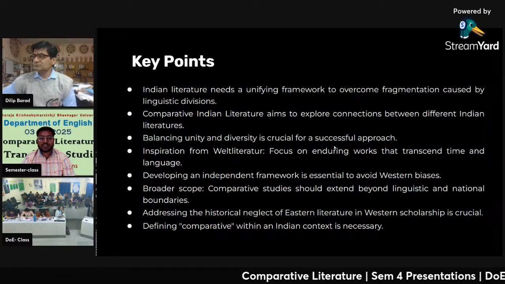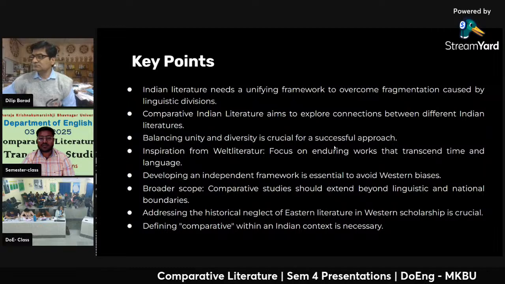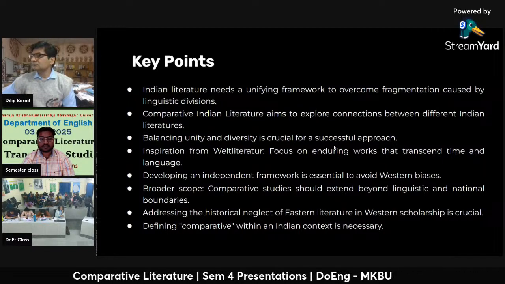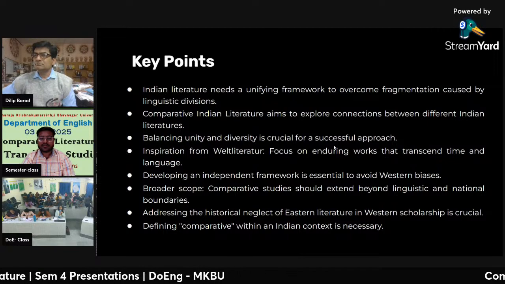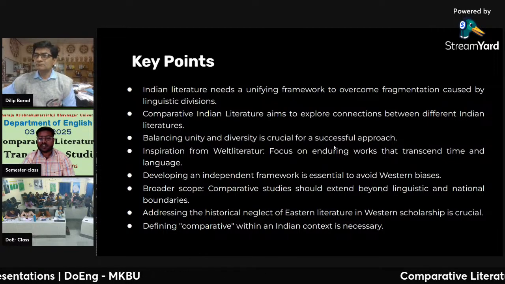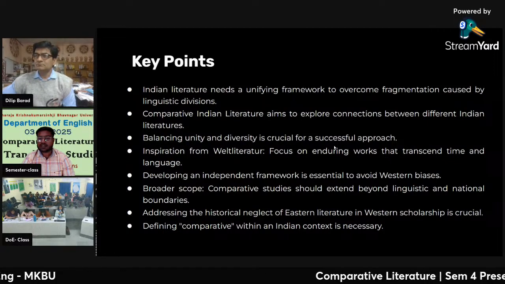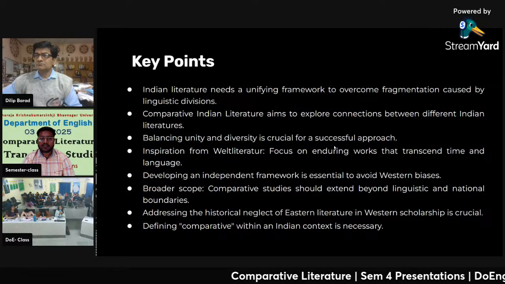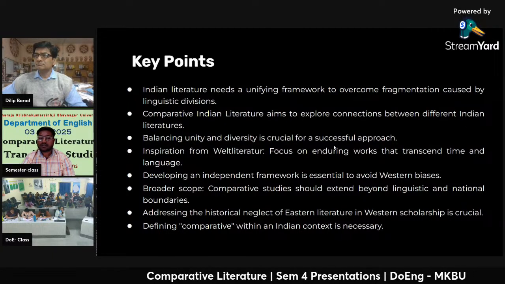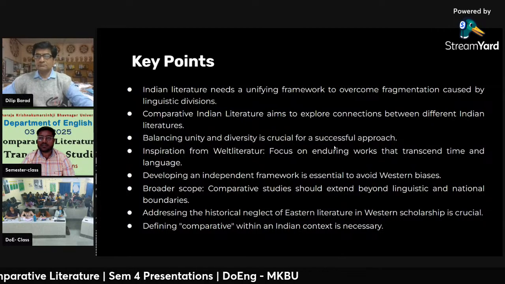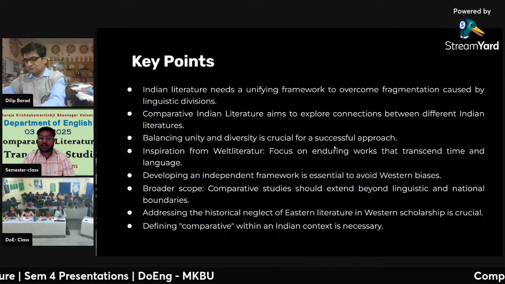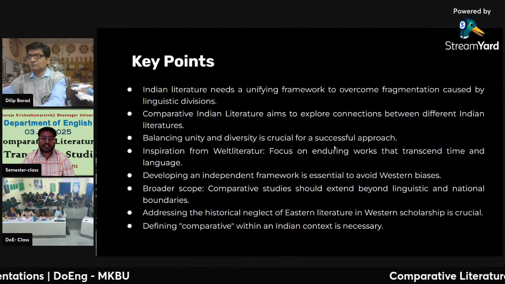Balancing unity and diversity is crucial for a successful approach. Then inspiration from Welsh literature focuses on enduring works that transcend time and language. In Welsh literature, the concept of Goethe's Weltliteratur is also talking about the meaning of world literature.